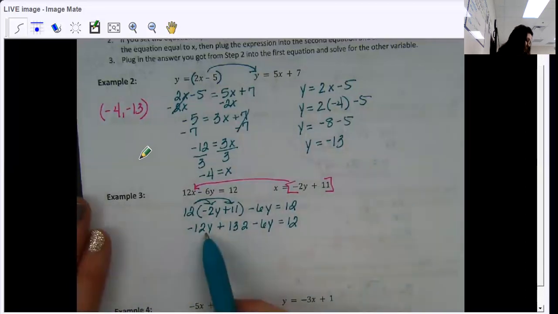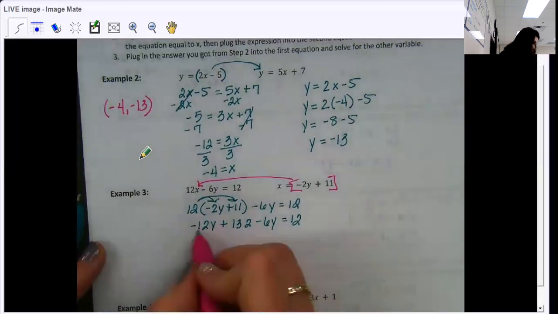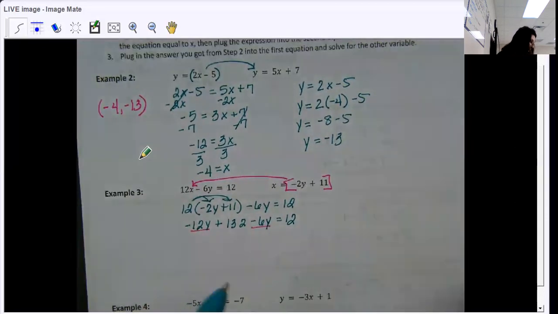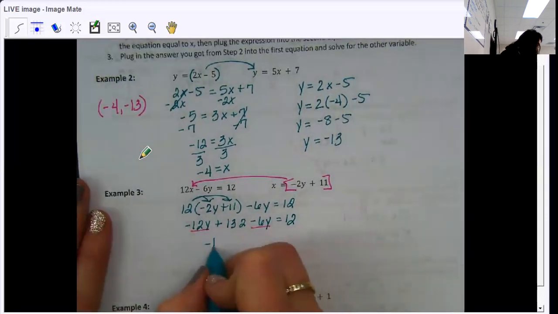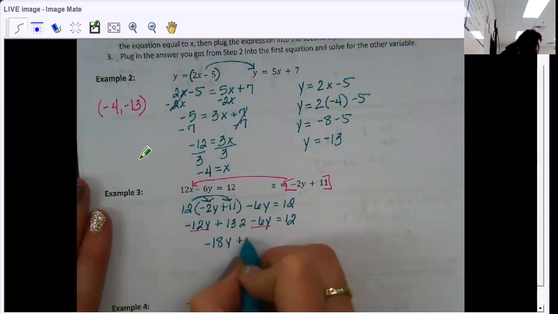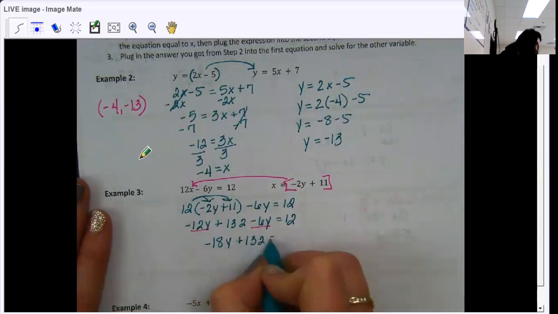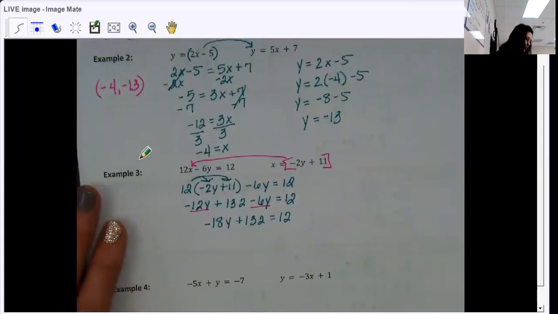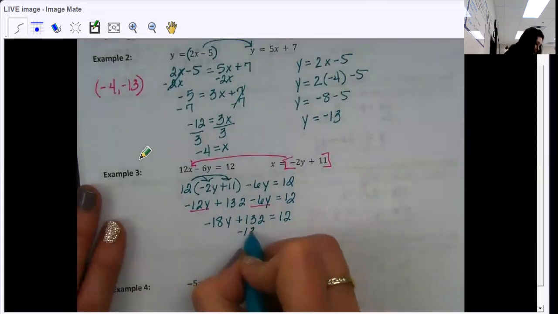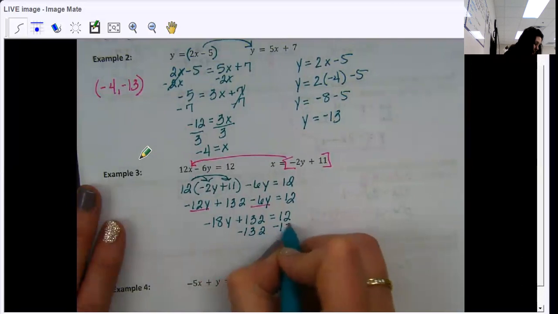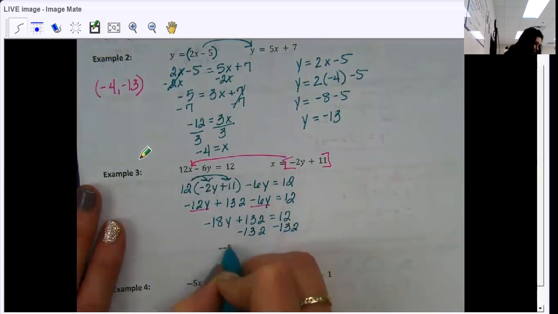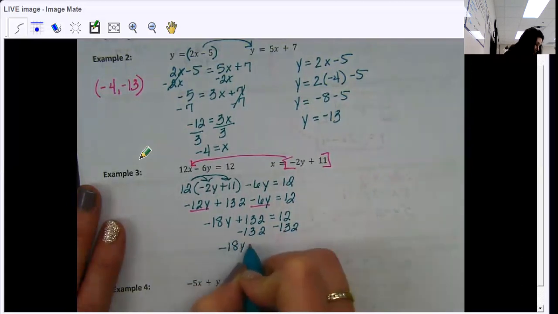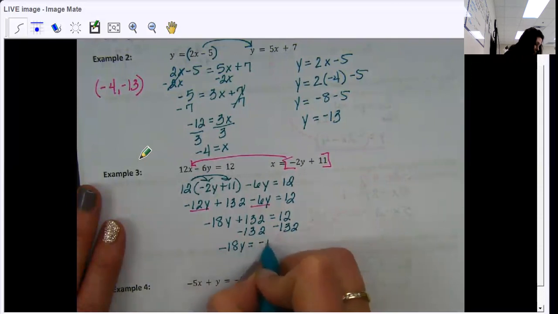So negative 12y right here and negative 6y give us a negative 18y plus 132 equals 12. Now we subtract 132 from both sides, and we're left with negative 18y equals negative 120.